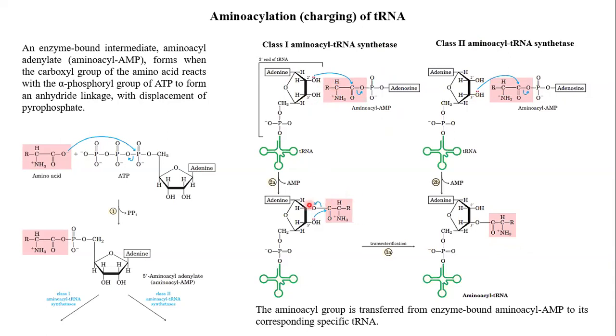And then when it attaches to its 2', then 3' acts as a nucleophile and the amino acid gets shifted to the 3'. While in class 2, the transfer RNA is able to position itself so that it can directly accept the amino acid to its 3'. Okay. So the difference in the mechanism is because of the difference in the structure of the enzyme.